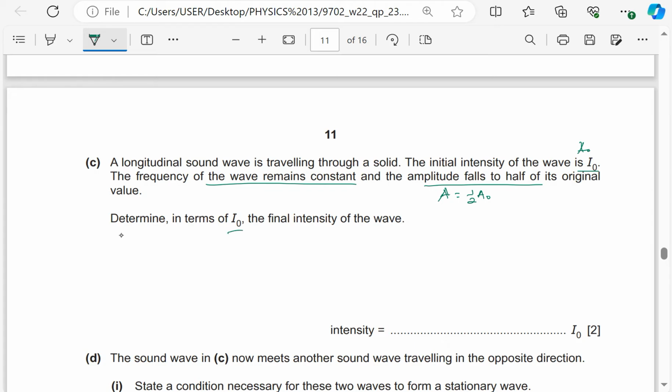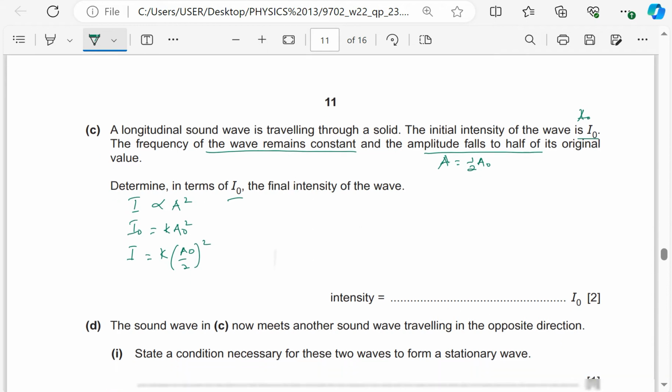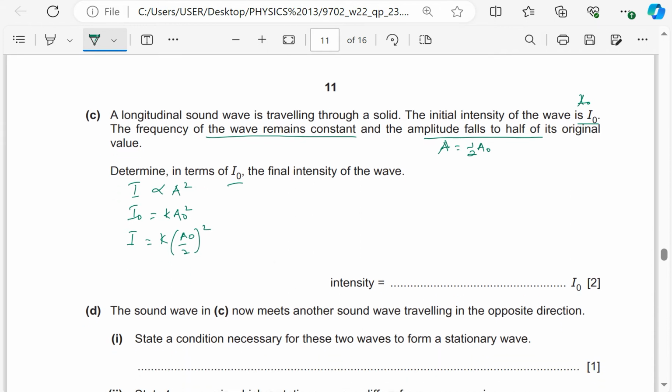Okay, so I'll just use two equations here. Remember, intensity is directly proportional to amplitude squared. For the first one, I naught is equal to a constant K times A naught squared. For the second one, I is going to be equal to K, where for the amplitude I'll put A naught over 2, and this is squared. So I'll just simplify this.